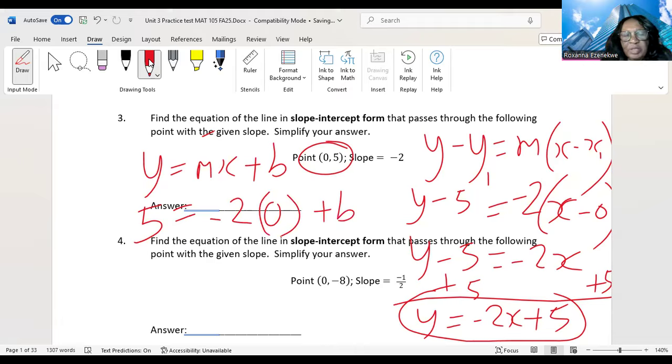Negative 2 times 0 is 0, and therefore, since this is 0, b is equal to 5. So yes, you can use this method. I'm not trying to say, well, even if I said that, I'm sorry, I had to withdraw that. You can use any other method that you already know how to use. But if everything fails, it's always good to use the point-slope formula.